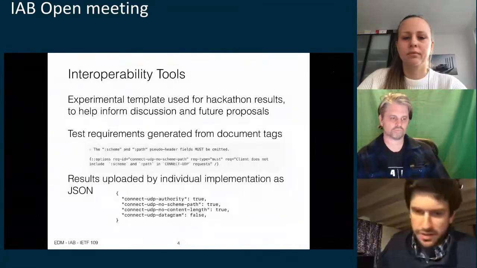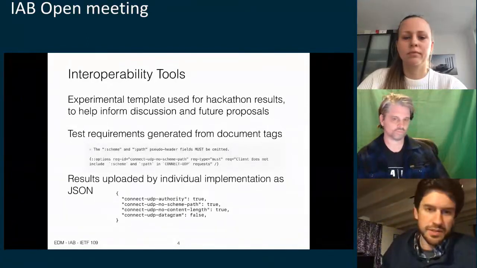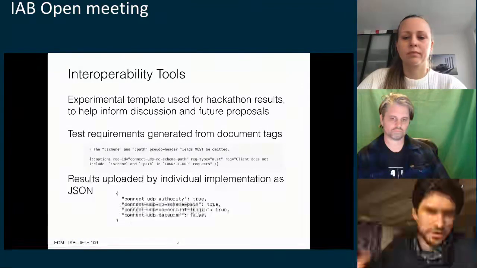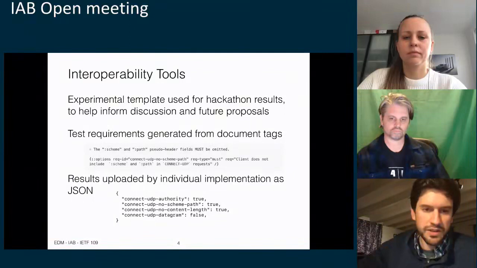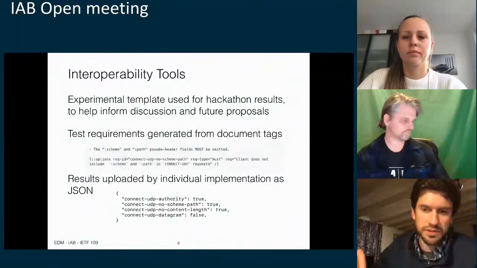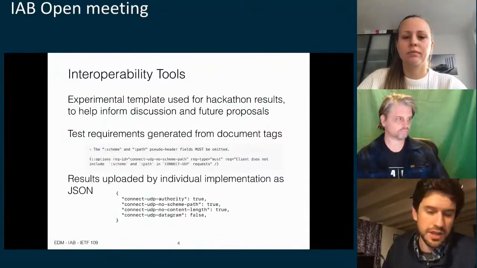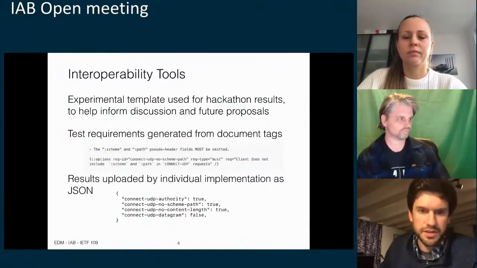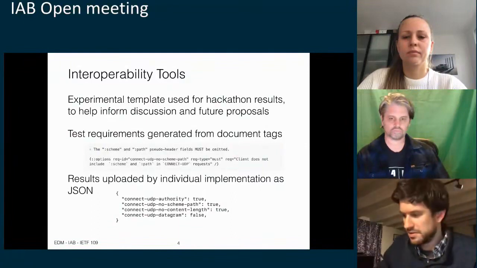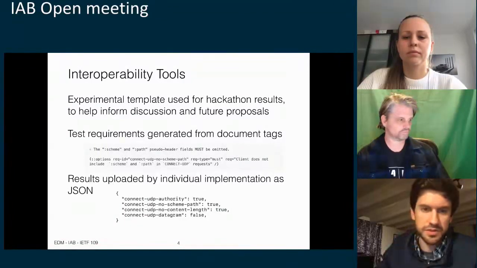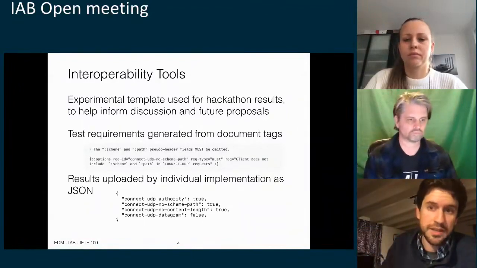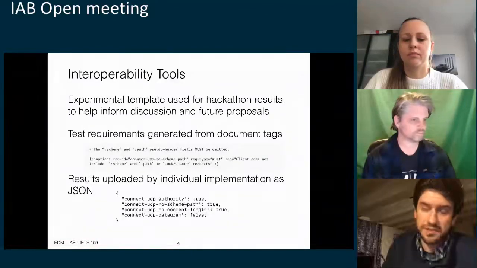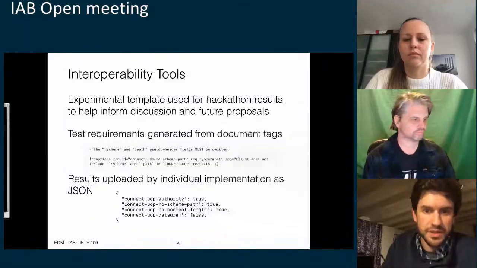And then just very quickly, a note on the other side of things: how do we track our interoperability and deployments as we're developing them. A couple of us did an experiment during this hackathon in which we are trying to build some generic tools that hopefully other hackathon teams, or other people doing protocol development in the IETF, could use to have more automated tools for tracking and reporting results of testing against documents.